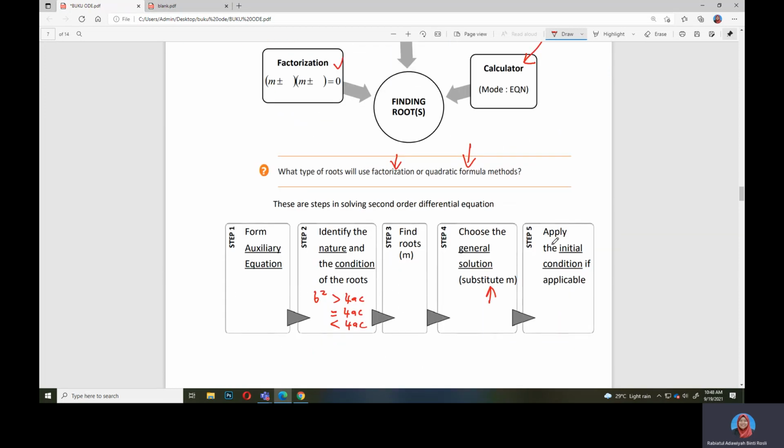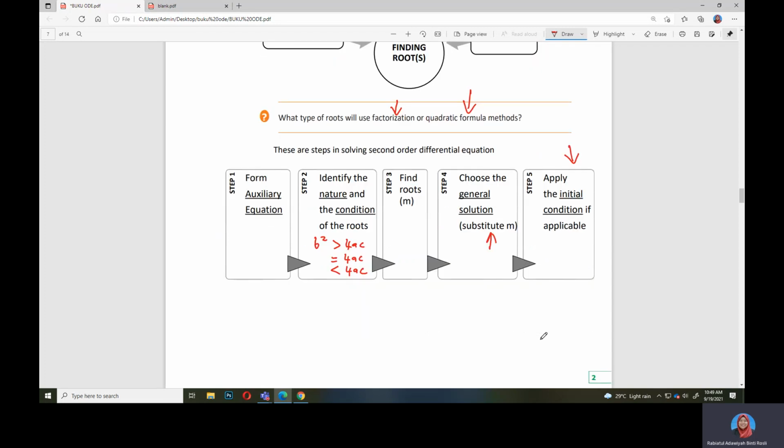Step 5 is apply the initial condition if applicable. We use step 5 when the question asks you to find a specific solution. So these are the steps you have to know to solve the second order differential equation.